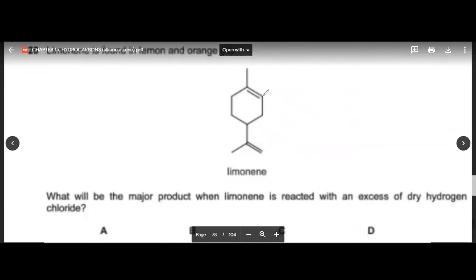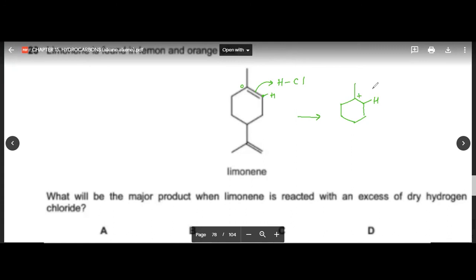Look here. This carbon has 1 H, right? For this one, it is 0 H. So if this attacks HCl, the H from HCl will go to the C that has more H. So this will lead to the formation of this, with the positive charge here.